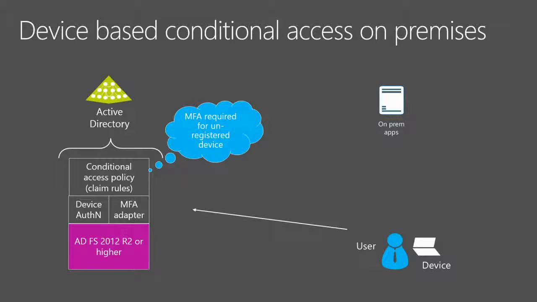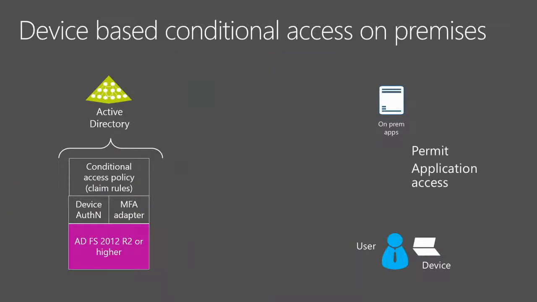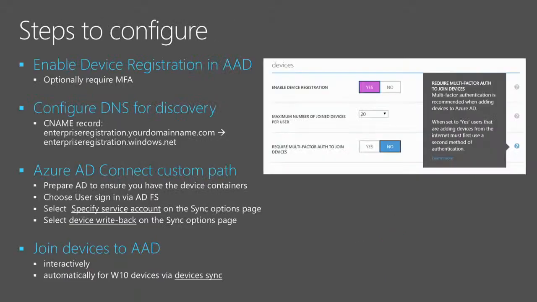So ADFS, and this was in 2012 R2 already, will inspect the device certificate from that user's device, and not only on the client, but in AD as well. And that's the information that was sourced from Azure AD. If that is found to be compliant, he's fine. If not, there is a prompt, for example, for multi-factor authentication, and then we go ahead and permit access. So that's how those actually work in an end-to-end scenario.